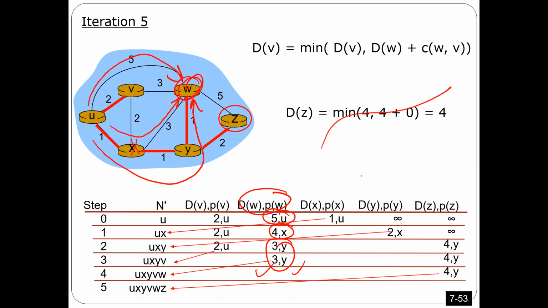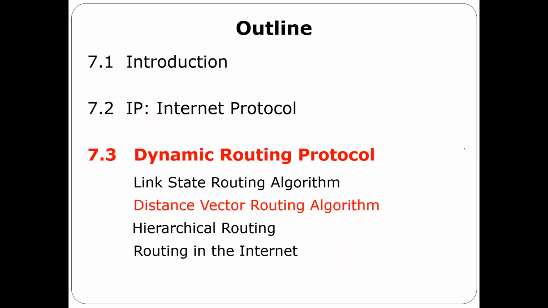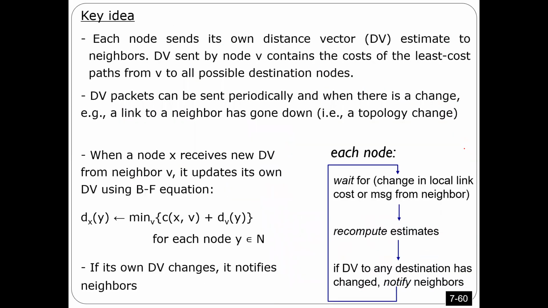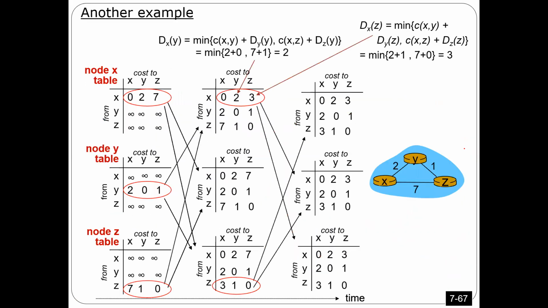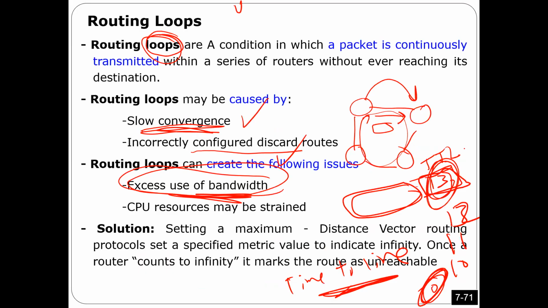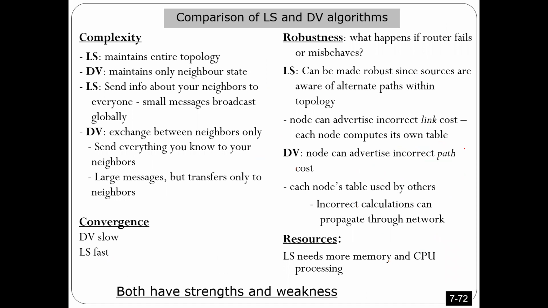Because you know the whole route, if I notice that every time I use this route the packets are not delivered, I can switch to another one. So this gives some kind of robustness. I don't have this option in the other one because I don't know the complete path.